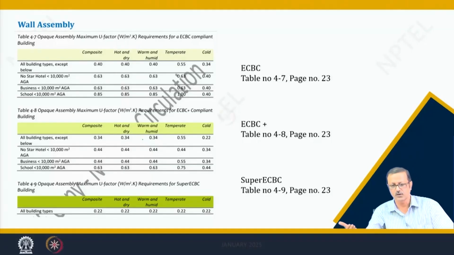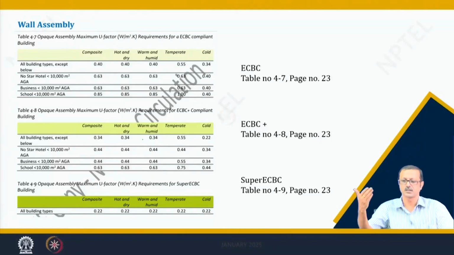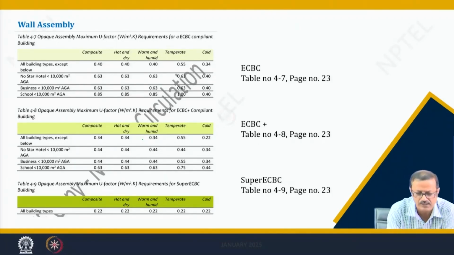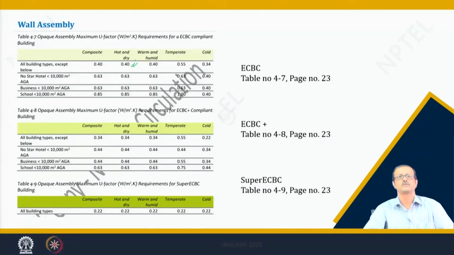Now, if you go to page number 23, it gives you the wall assembly, the recommended values of wall assembly for the three criteria. Table 4.7 is for the ECBC, table 4.8 is for the ECBC Plus, and 4.9 is for the Super ECBC. For all types of building, I have to have 0.4 U value for the wall, but I think my U value was 1.5, far ahead.